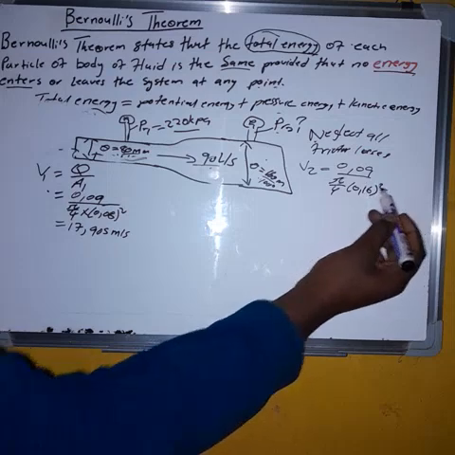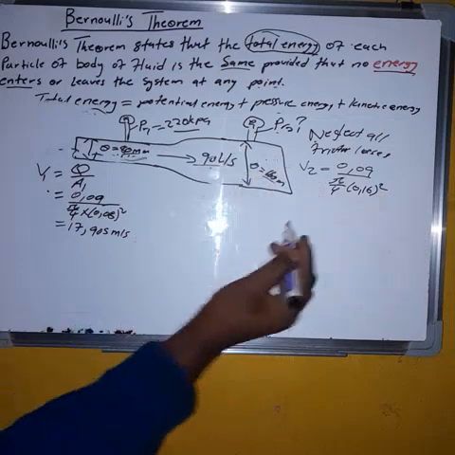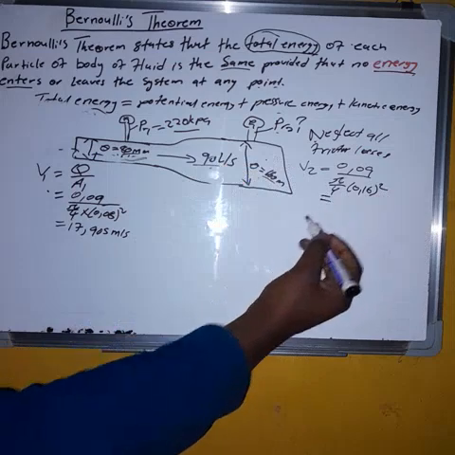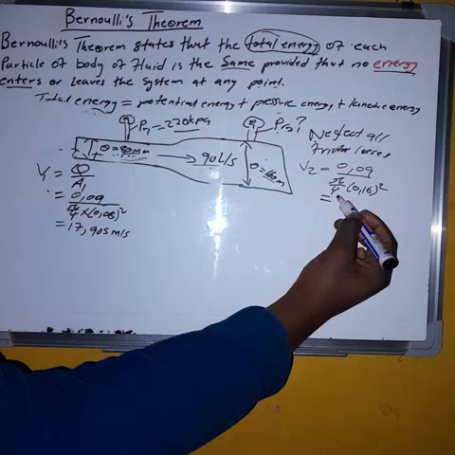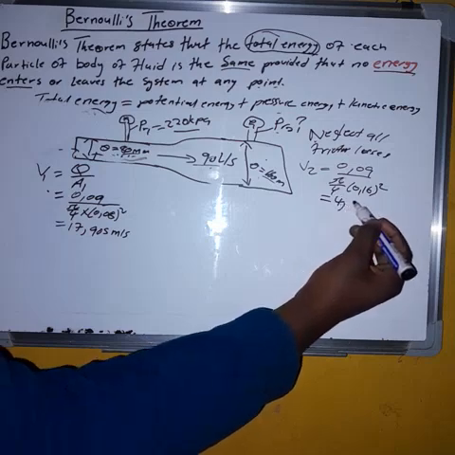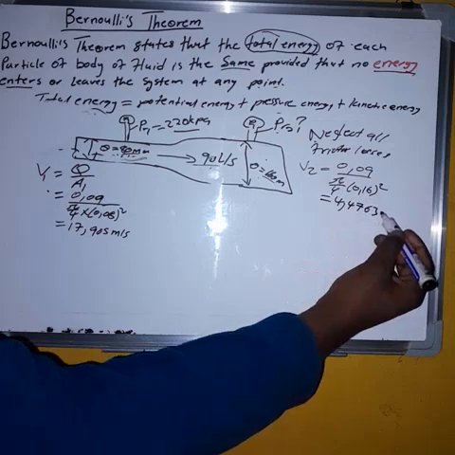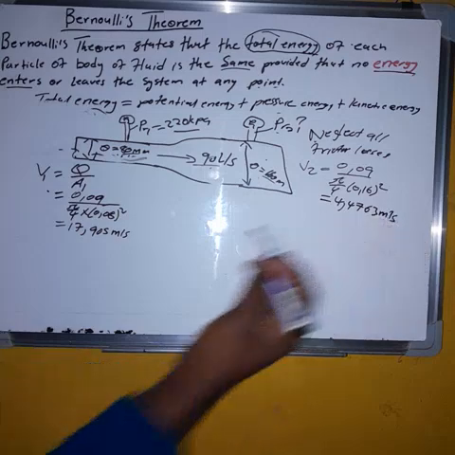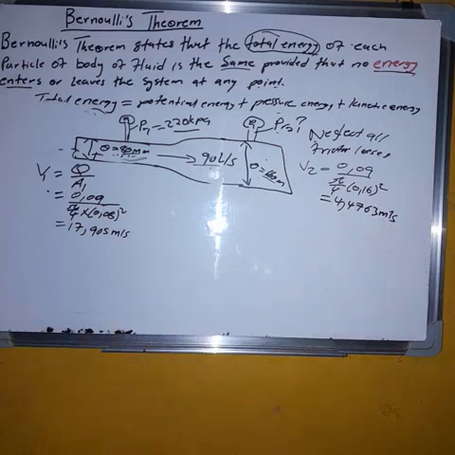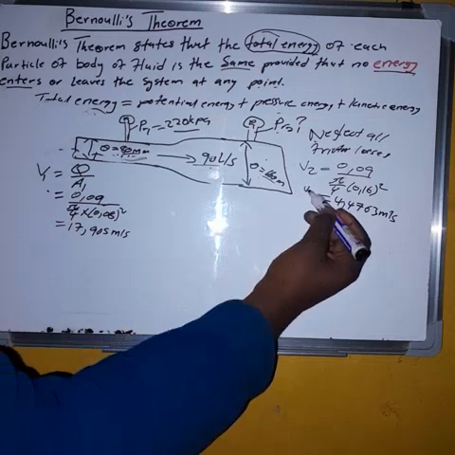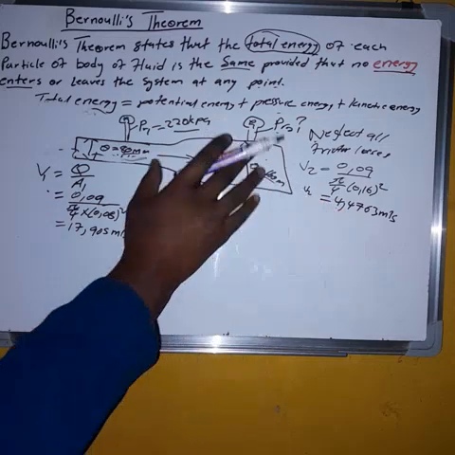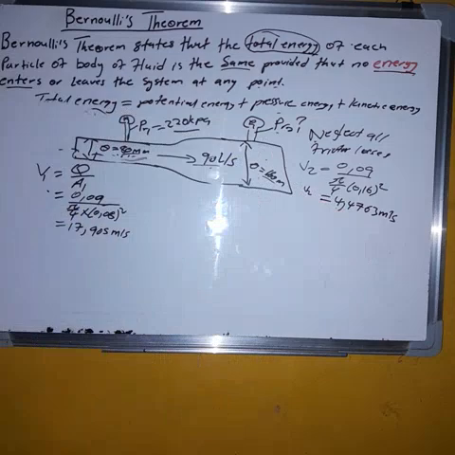Then you square this. When you punch it in your calculator, you'll get 4.4763 meters per second, right? We have velocity 2 and we have the diameter.